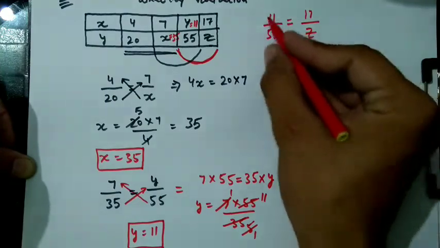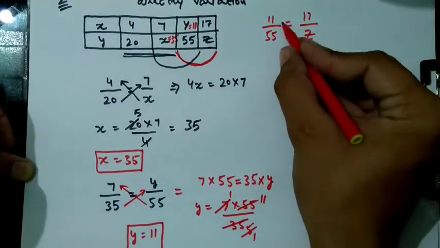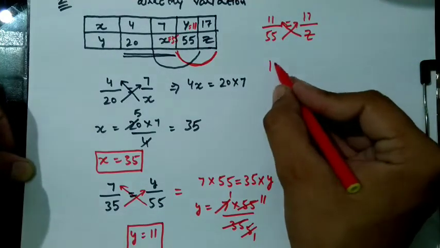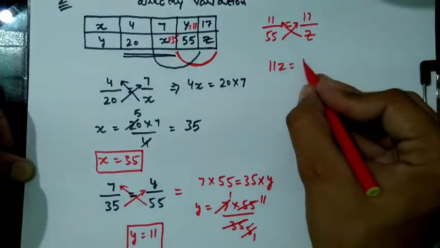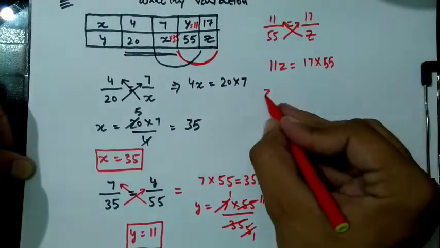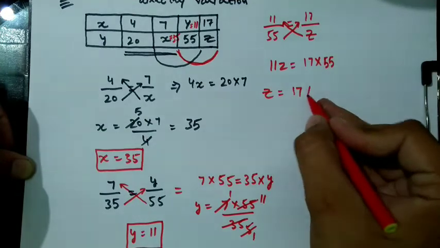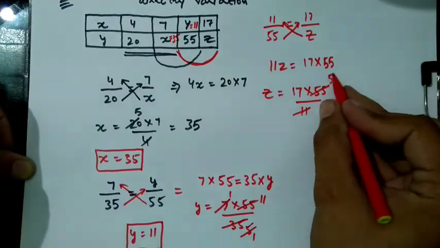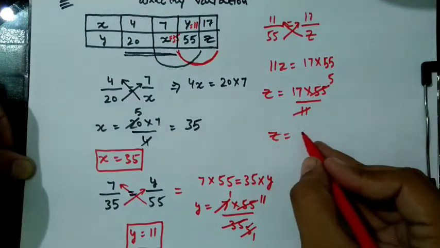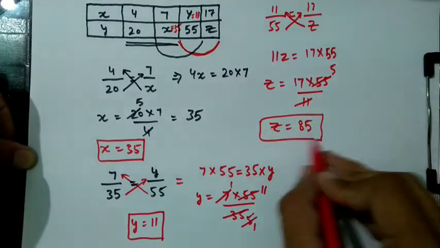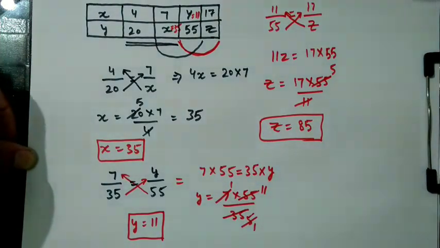Now you will cross multiply again, third time. So 11z is equal to 17 into 55. So z will be equal to 17 into 55 divided by 11. So 11 5s are 55 and 17 5s are 85. So this is the final value, this is the value of z.